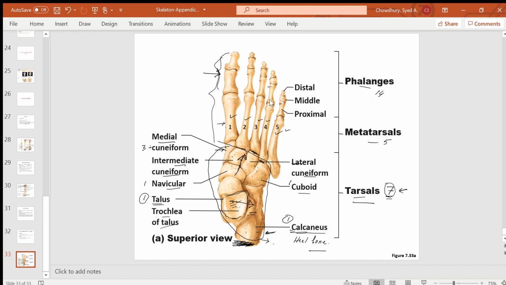And then you have a kneecap in front of your knee, that is the patella. And in your foot, you have 7 tarsals, 5 metatarsals, 14 phalanges. Okay, so those are the bones of your appendicular skeleton.